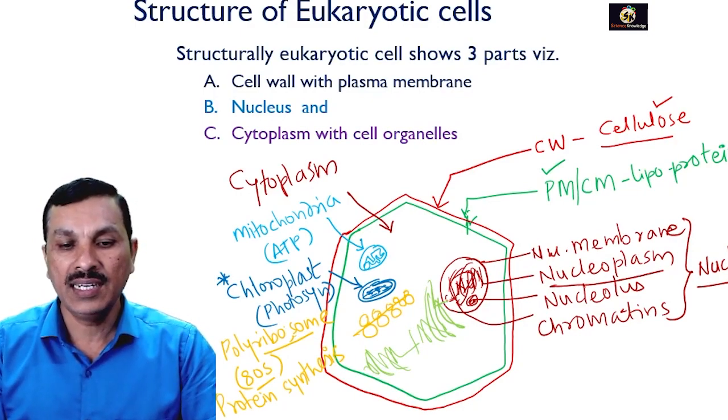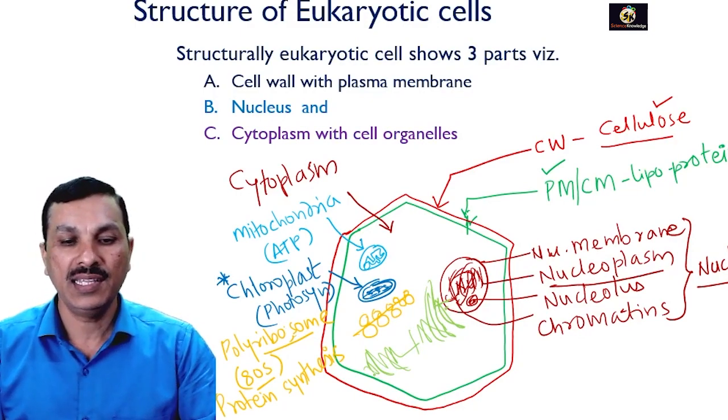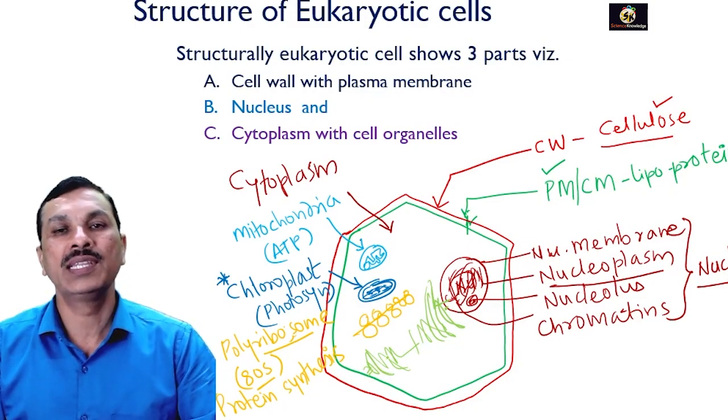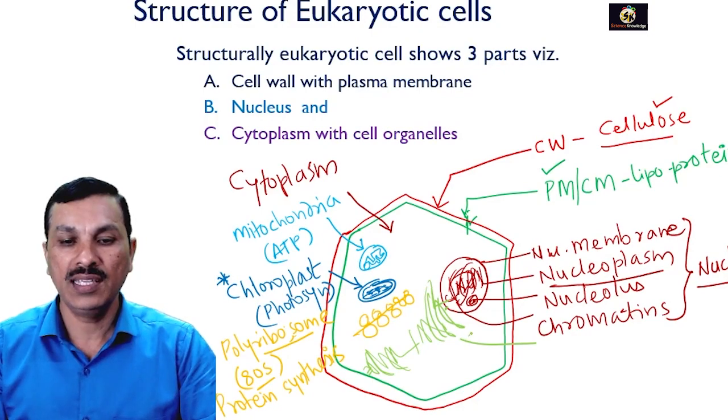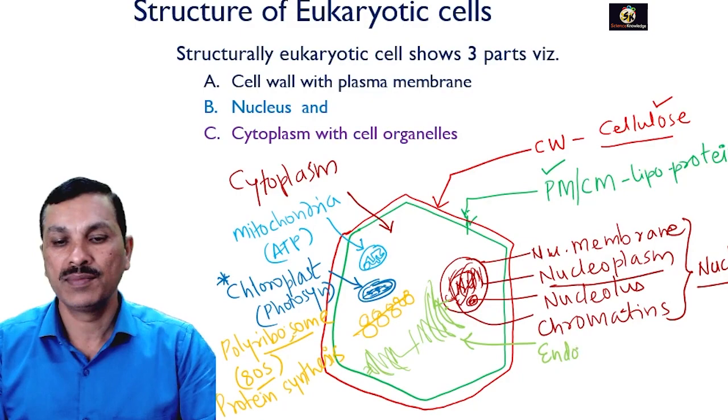One of its ends is connected with the nuclear membrane and another end is linked with the plasma membrane. The name itself suggests that it is present inside the cytoplasm, so it is endoplasmic reticulum.